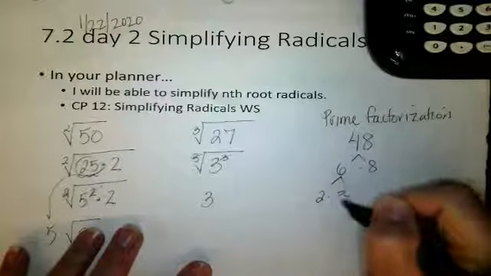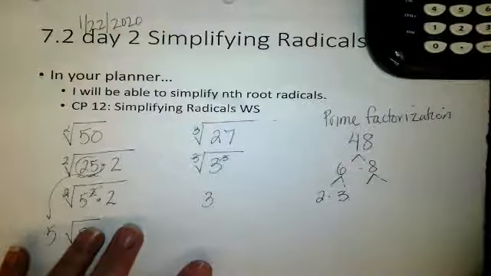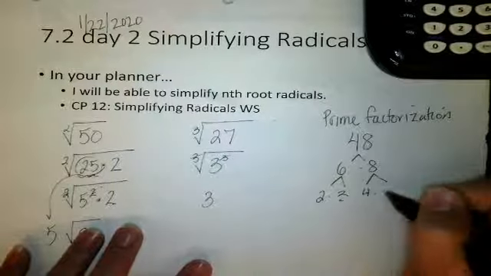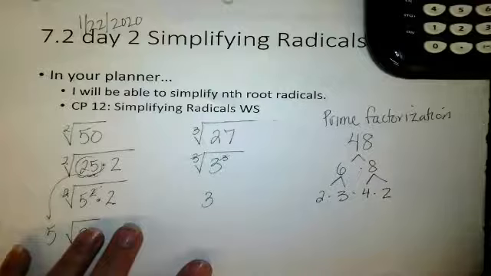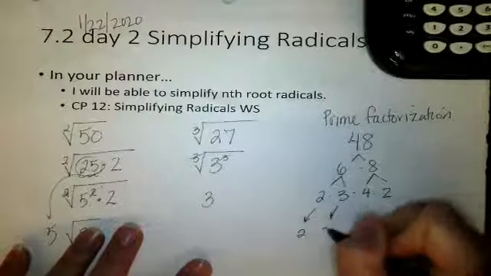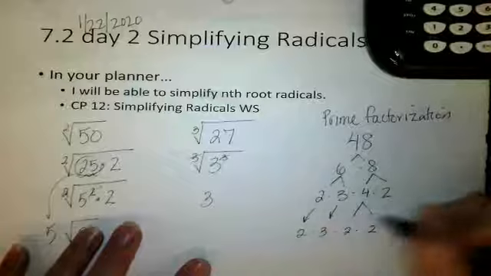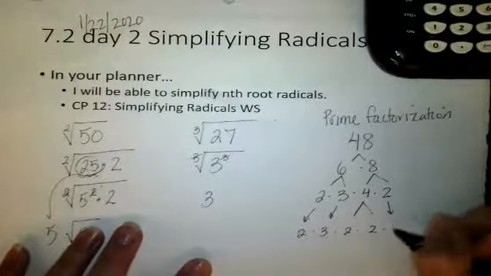Yeah, 3 times 2 or 2 times 3. And what can we do with 8? 4 times 2. Do any of those go down further? Do they break apart more? 4 does, right? So we have 2, we have 3, and then 4 becomes 2 times 2. And then we still have that.